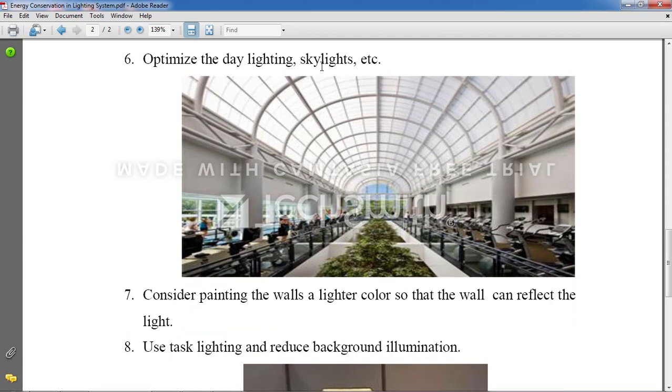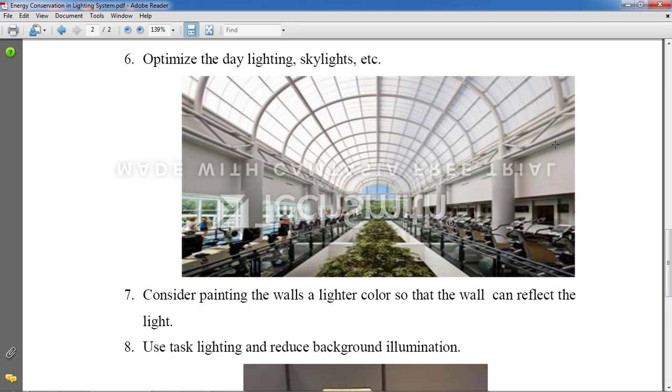Optimize daylighting, skylights, etc. Here you can see in the image that the roof of this building is totally made of glass, which helps to utilize the daylight to the maximum extent. If we utilize daylight, we can reduce the energy consumption of the artificial source.